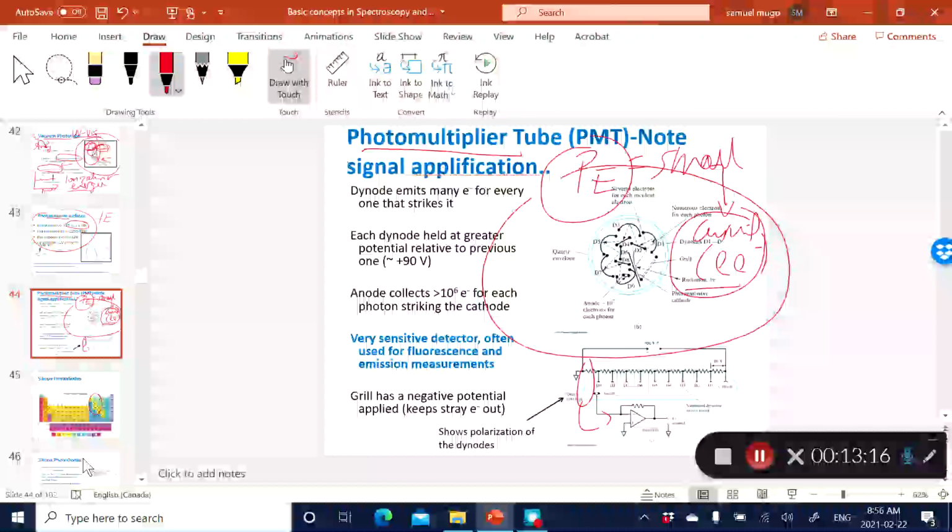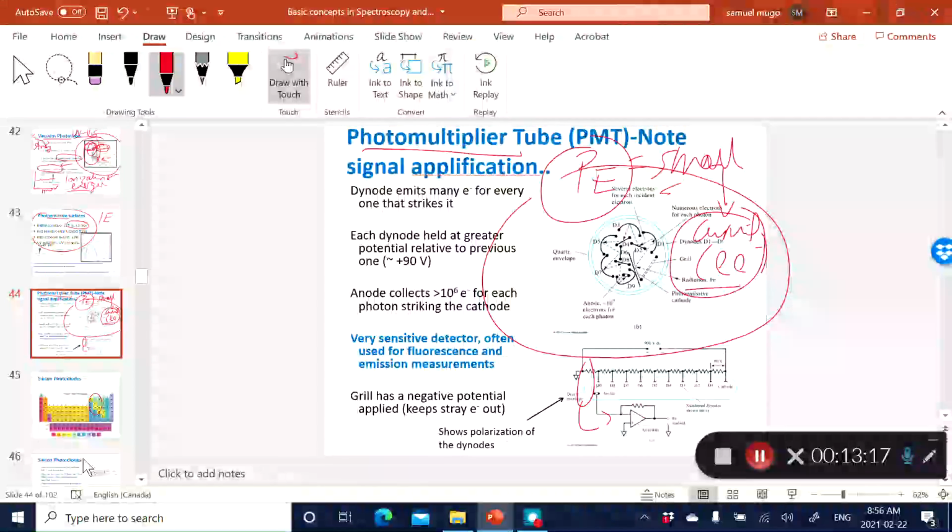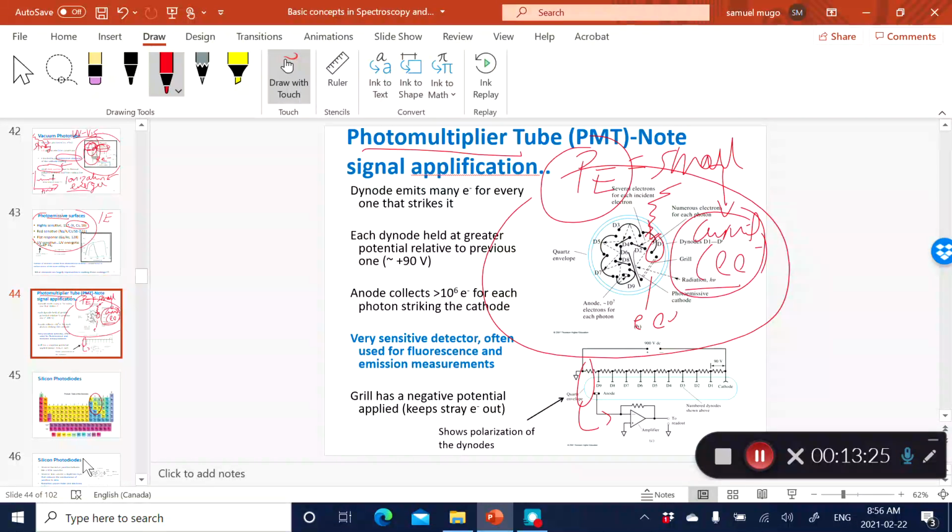So think about it: if I've got a photon of light hitting the first diode, D1, then you generate a set of electrons from the photoelectric effect.